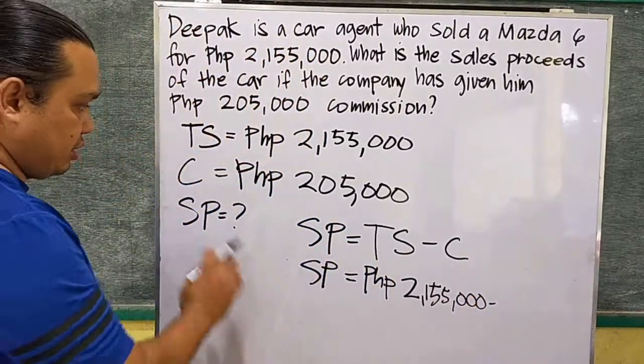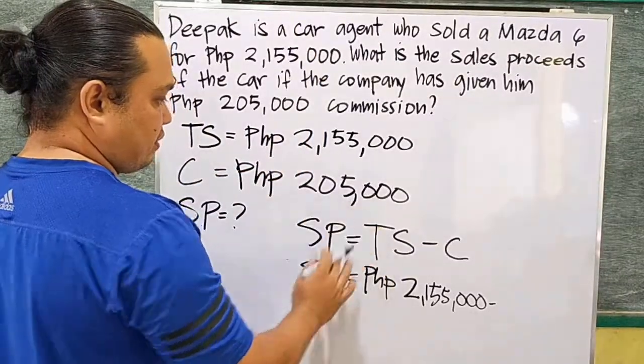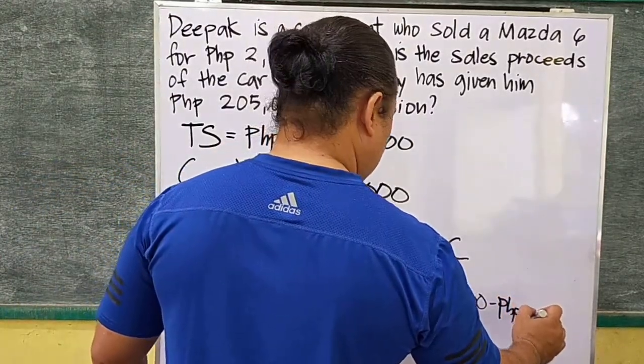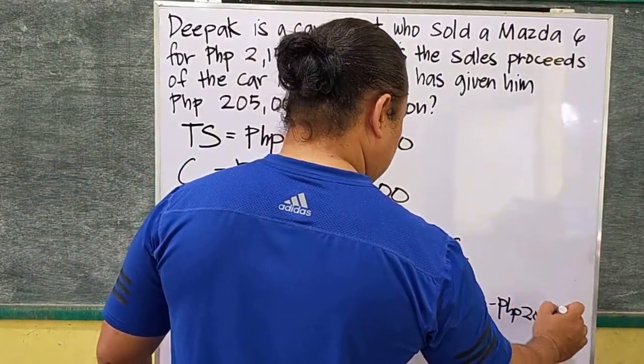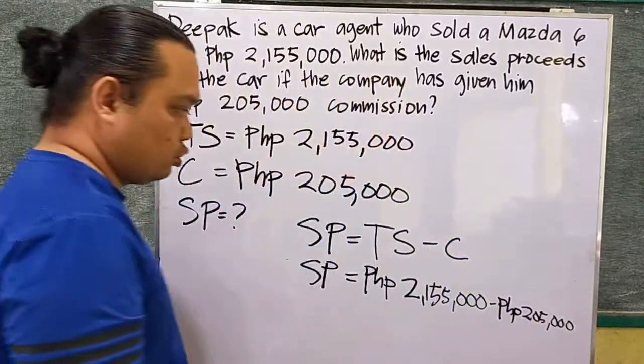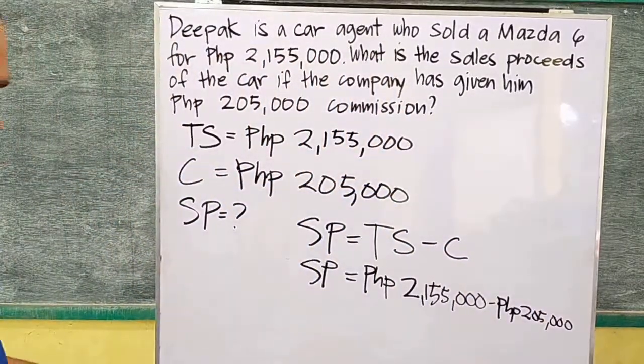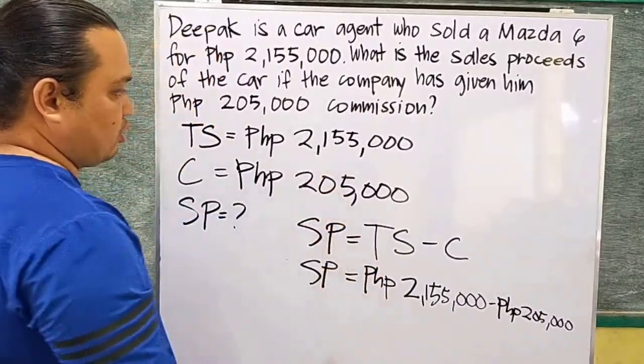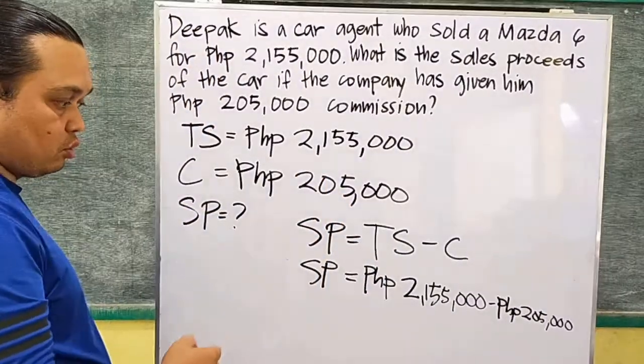And our commission here is 205,000. And that would be our solution. All we need to do is subtract 205,000 from 2 million, which is the total sales.